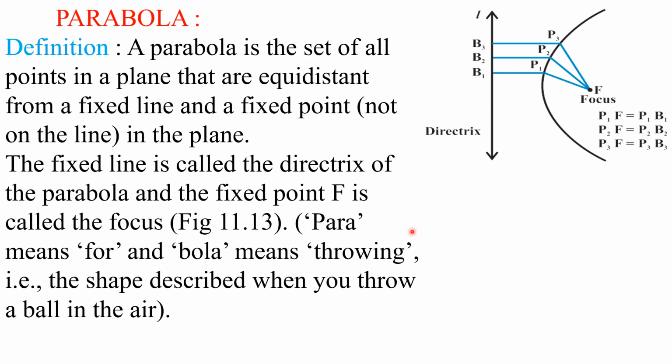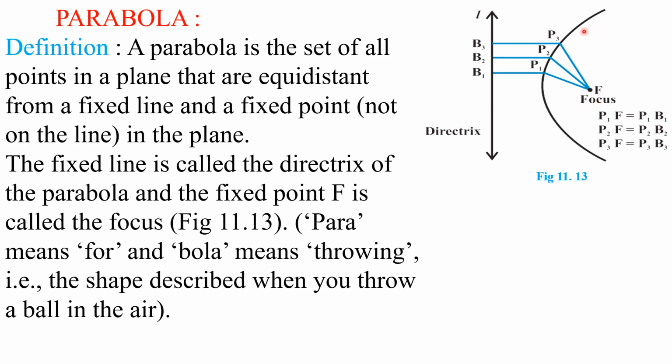That is why the curve is named a parabola. Here L is the fixed line in the plane. This fixed line is called the directrix, and the fixed point in the plane is said to be the focus. Understood this point, my children?